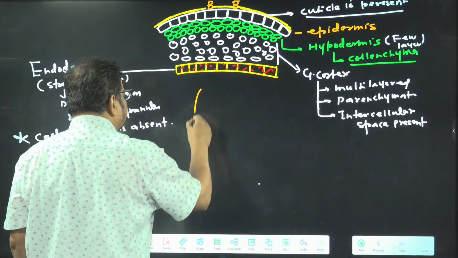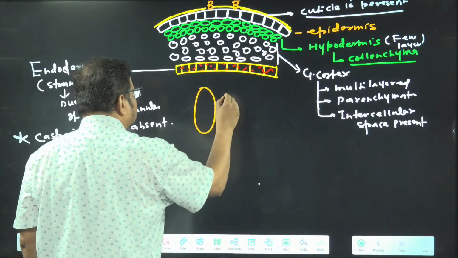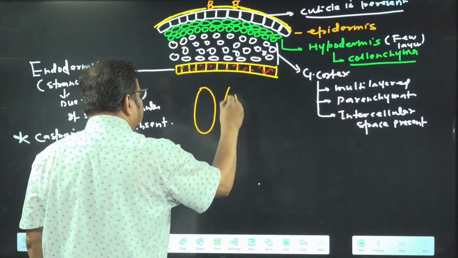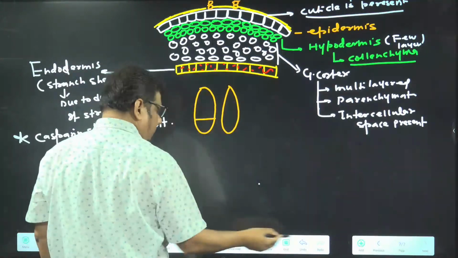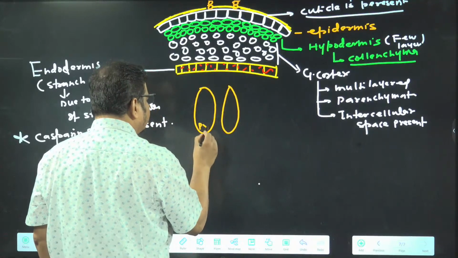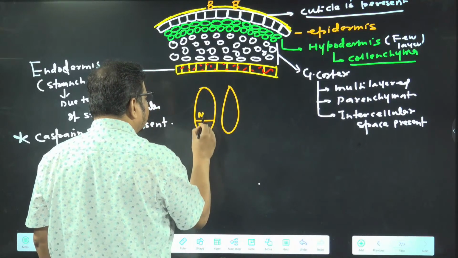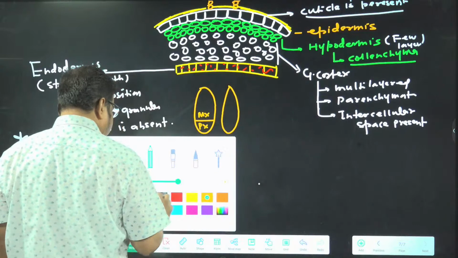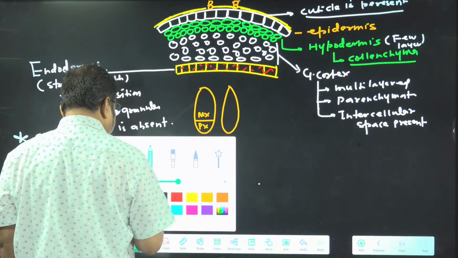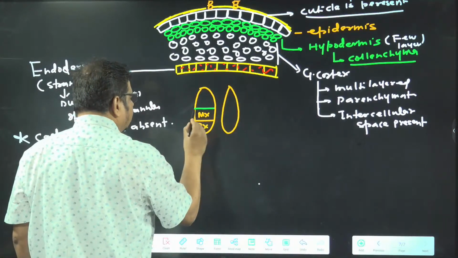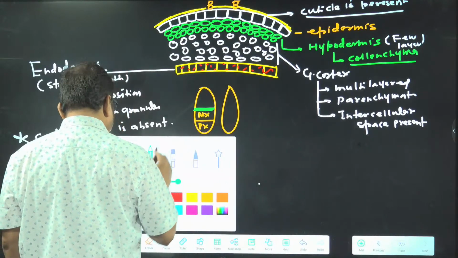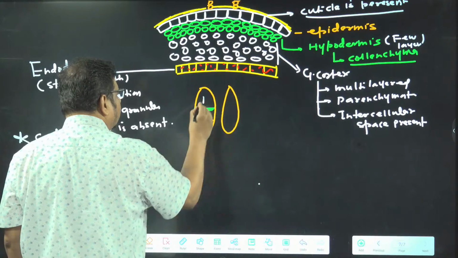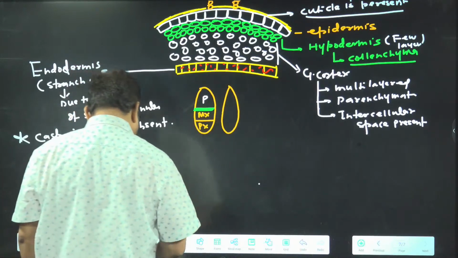I am drawing one vascular tissue here, another vascular tissue here. Here I am writing protoxylem. Here it is metaxylem. Between protoxylem and metaxylem, cambium is present. And then I am writing phloem. Got the idea?